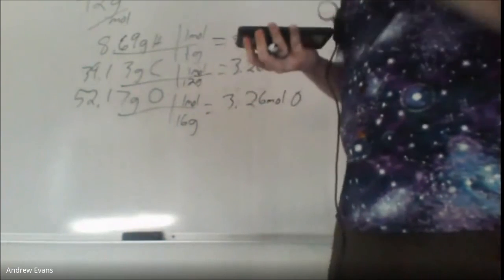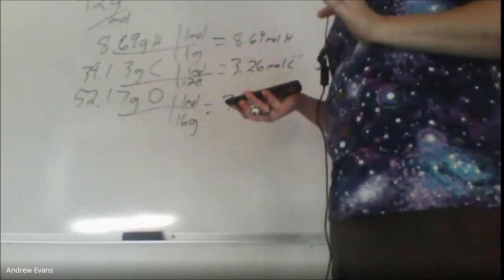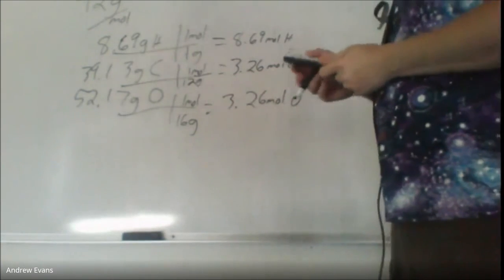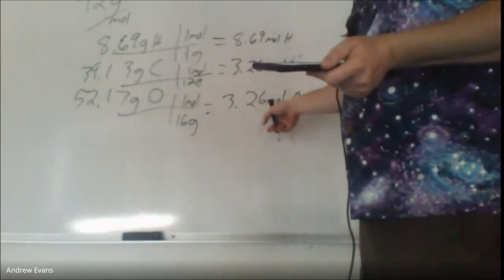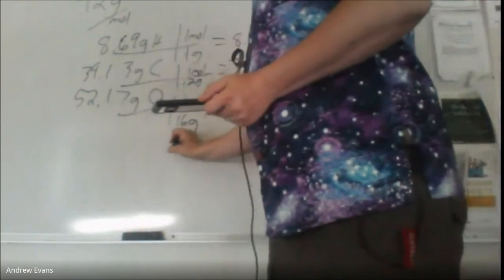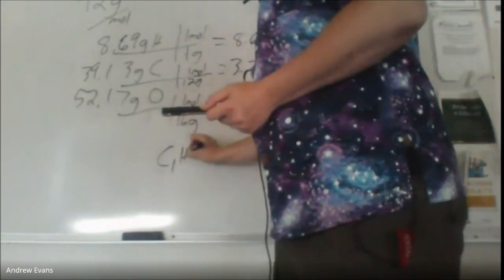Okay. Right off the bat, without looking any further, what can we say about the carbon to oxygen ratio? All of you say, well, we have a 1-to-1 ratio of carbon to oxygen. So we have carbon 1, O 1, H we don't know yet.